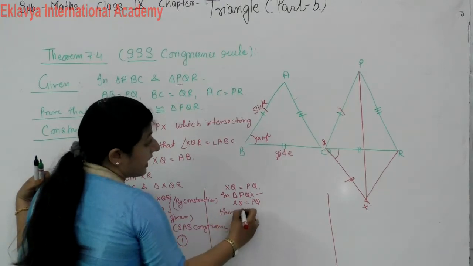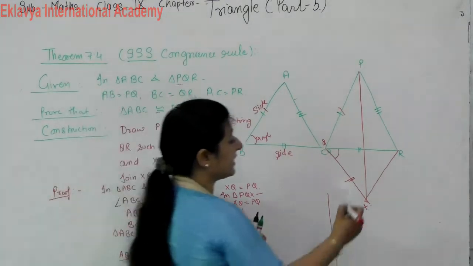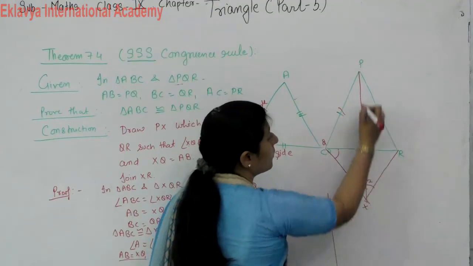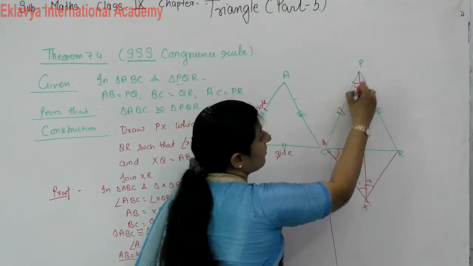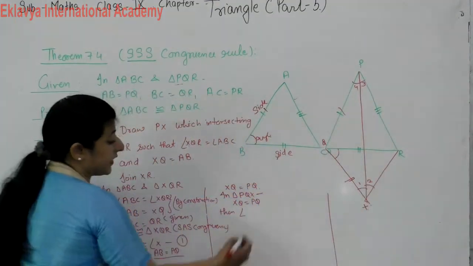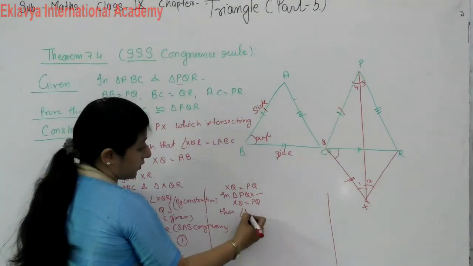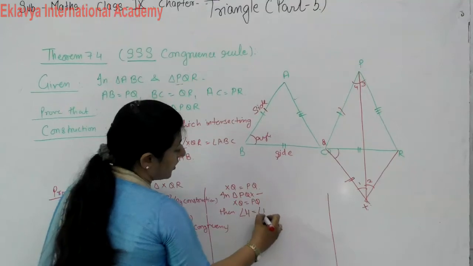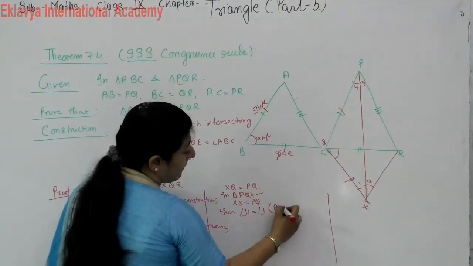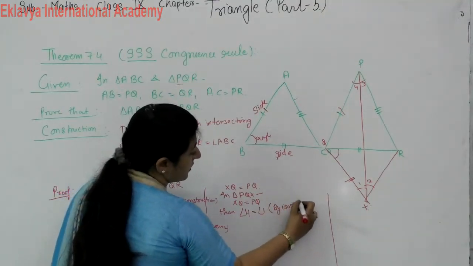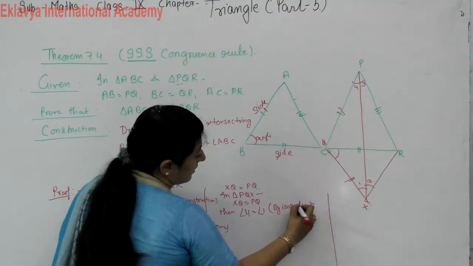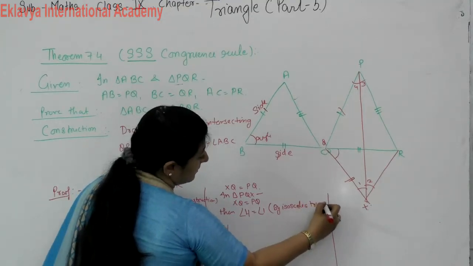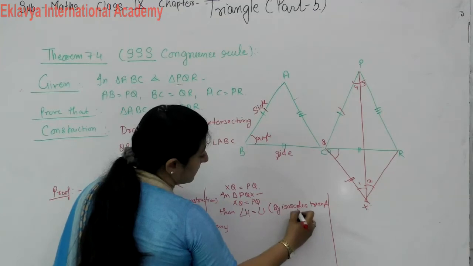Now divide the angles 1, 2, 3, 4. Two sides are equal, it means opposite angles are also equal. Angle 4 is equal to angle 1 by isosceles triangle property.